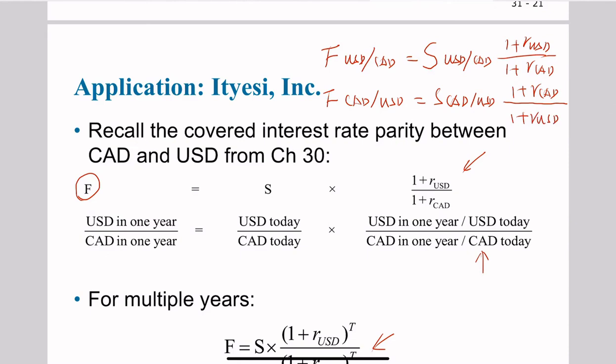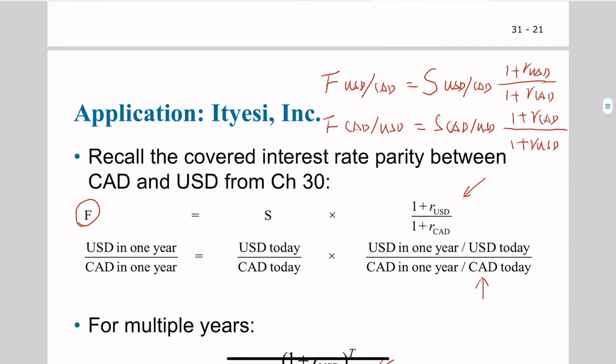So it's actually pretty easy to memorize this. If you look at the unit here, it's USD per CAD, then USD would be on the top, and CAD would be at the bottom, right? For the second formula, CAD will be on the top, and USD will be on the bottom, right?